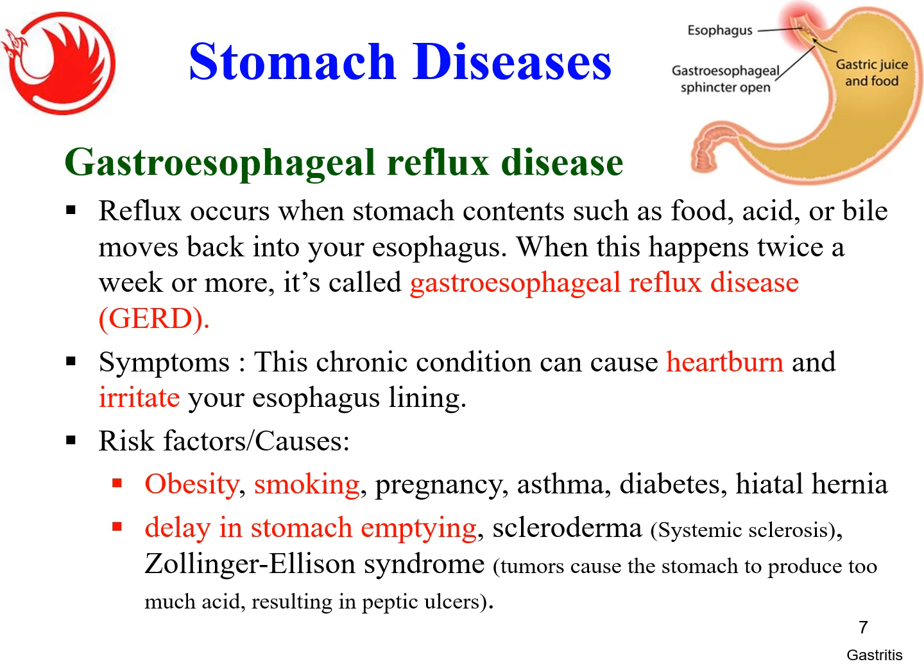Hiatal hernia is a condition where the upper part of your stomach bulges through your diaphragm into your chest cavity. A large hiatal hernia can allow food and acid to back up into your esophagus, leading to heartburn.